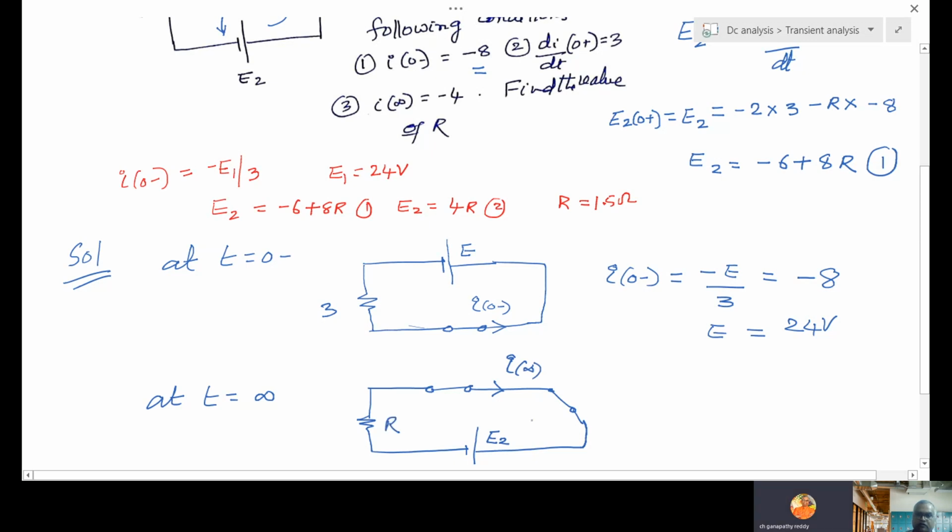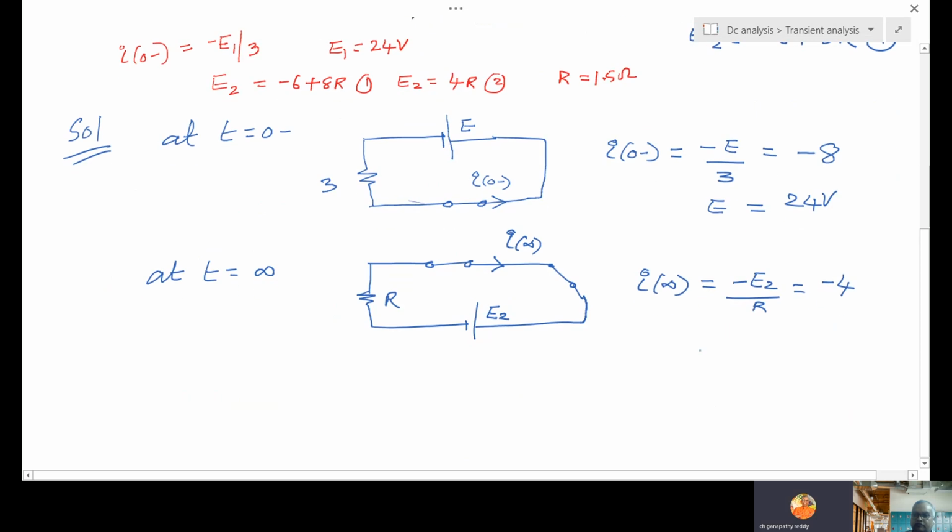This is R. So what is I infinite in this? Minus E2 by R. But I infinite is already given as minus 4. So from this, E2 equal to 4R. Equation number 2. Okay.